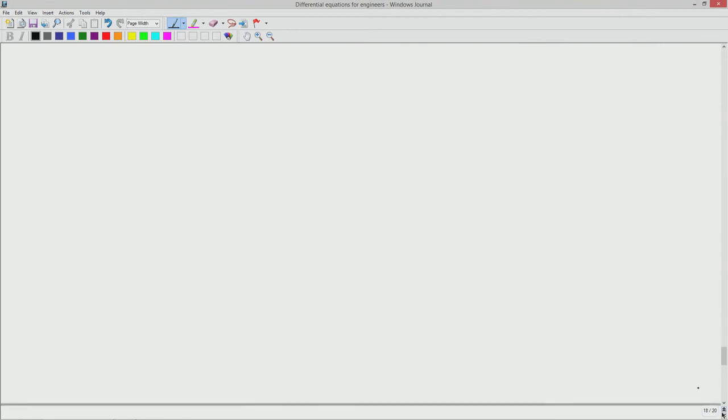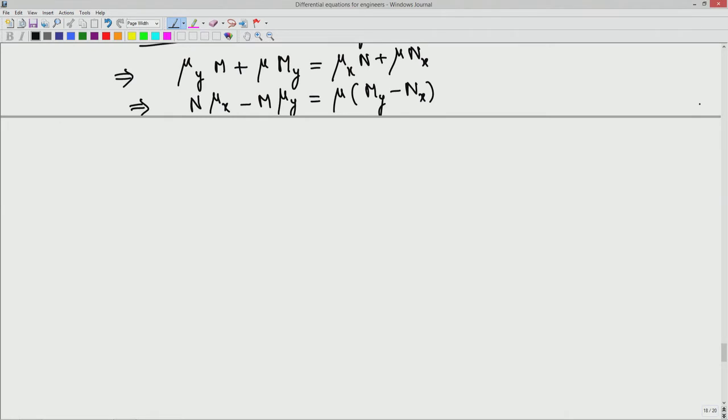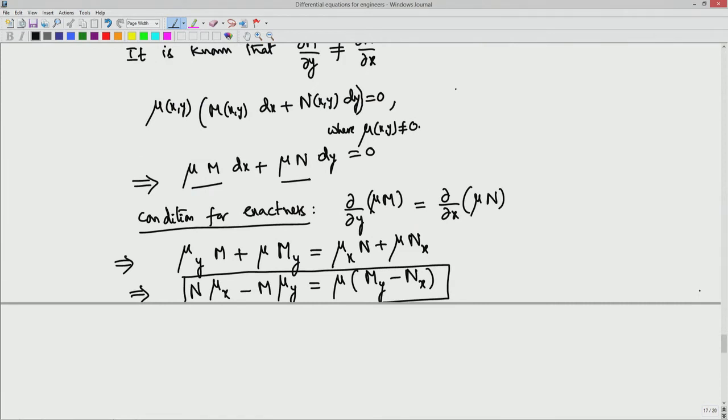So if mu is a function of x and y, it should satisfy this equation. If I can multiply by some function mu of x, y that satisfies this equation, I can hope to make the given equation exact by multiplying by this function mu.